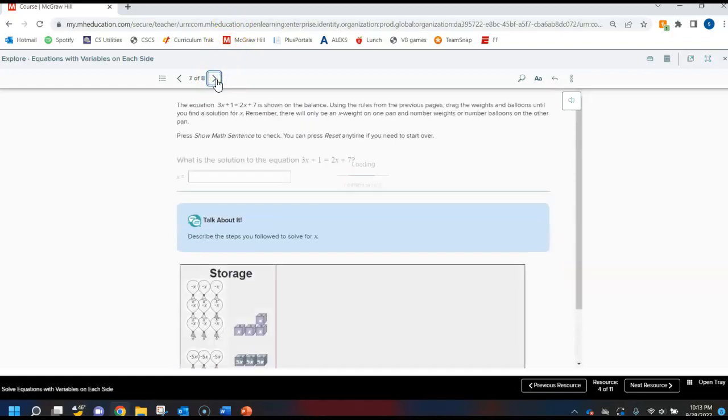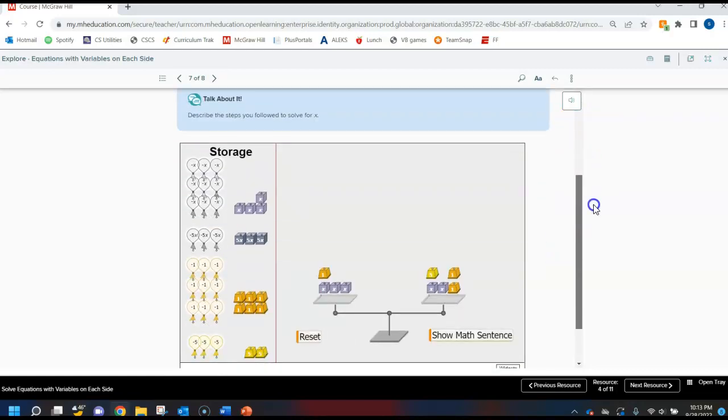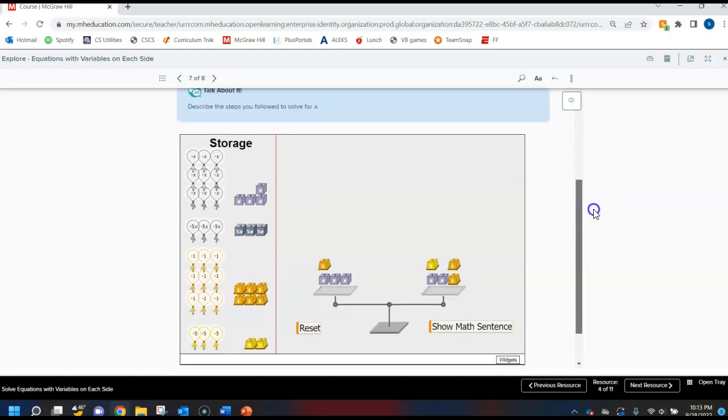If we were going to model the equation 3x plus 1 equals 2x plus 7, here's what that looks like. Then what we can do is take away 2 x's from each side.